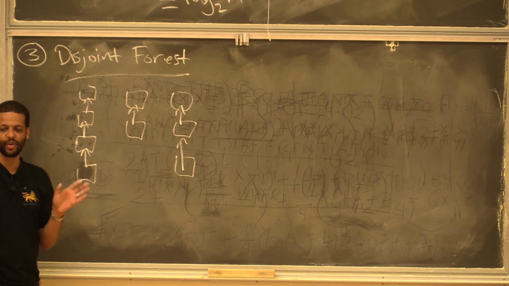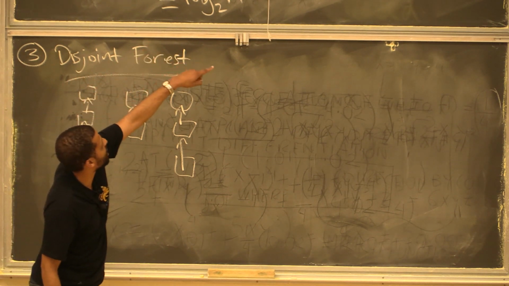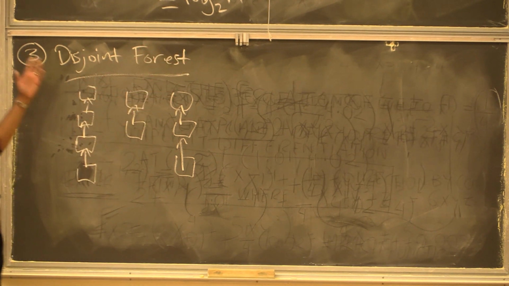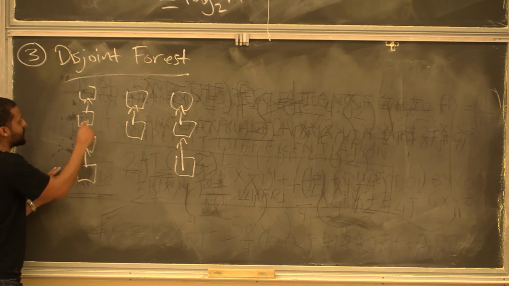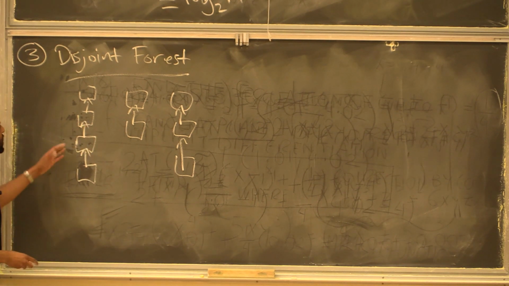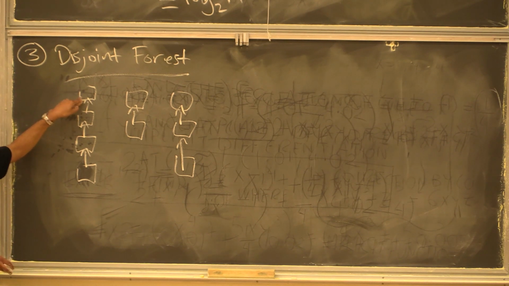So I don't want to have to change everybody's pointer. Even this solution, which got m plus n log n, I want to somehow do better. So I want to avoid having to change everybody's head pointer during a union. So let's not have everyone store a pointer to its head. But what I'll do is, I've already spent 2 units of time looking at these 2 nodes. Why don't I just now make them, for the future, directly point to the root?